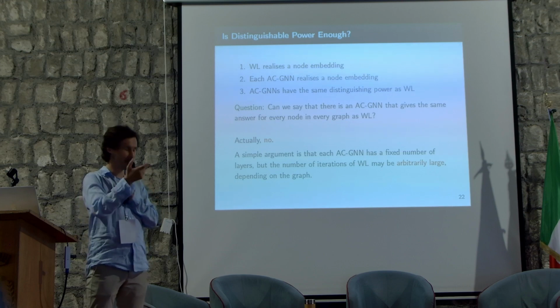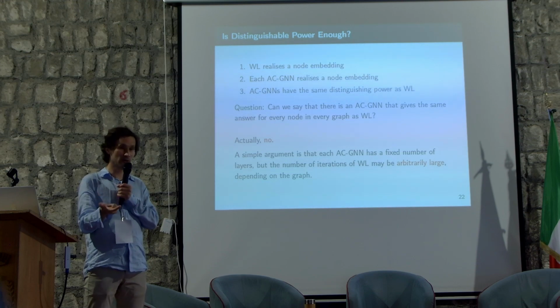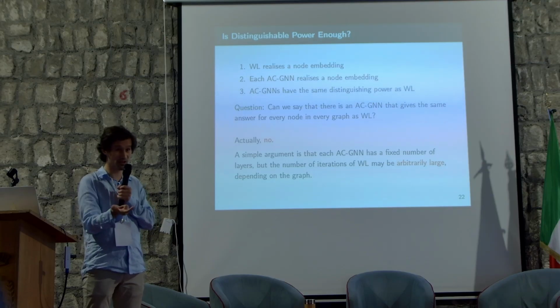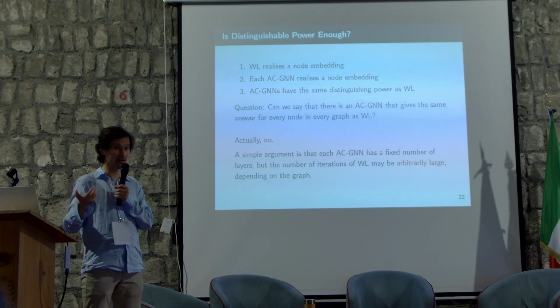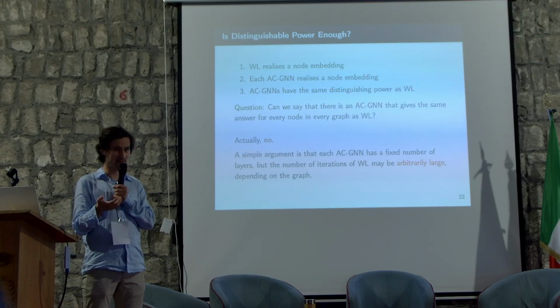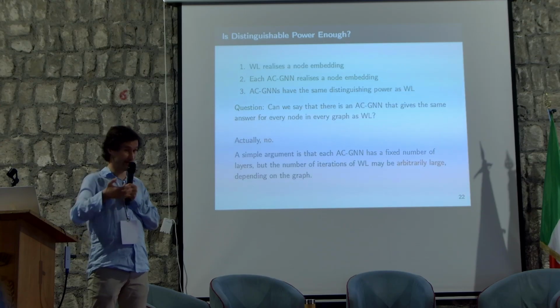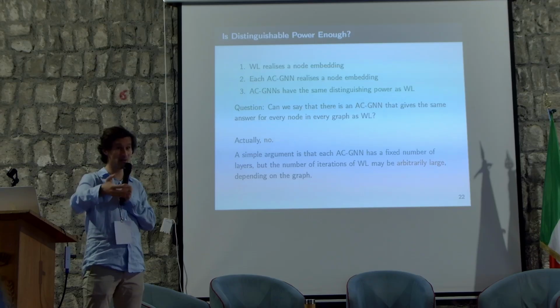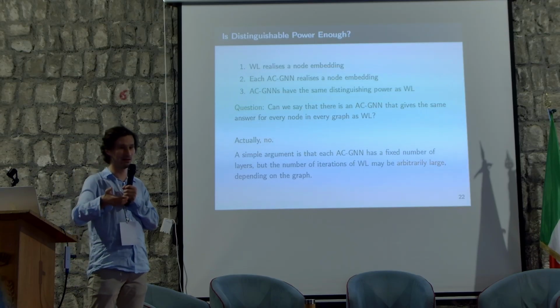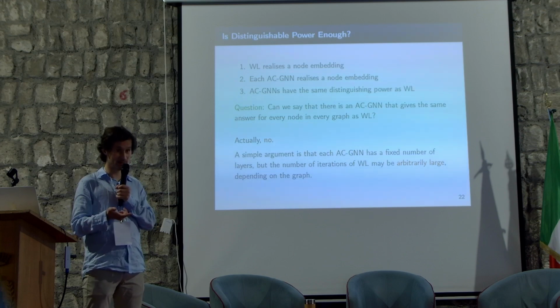So, okay, WL distinguishes these two nodes in these two graphs. And we can find an AC GNN which also distinguishes these two nodes in these two graphs. We just need to find a good enough number of layers. This good enough number of layers will be, safely, the number of nodes in the graph. If the number of layers in the AC GNN is more than the number of nodes in these two graphs, then we will be able to simulate WL for these particular nodes in these particular graphs, right?